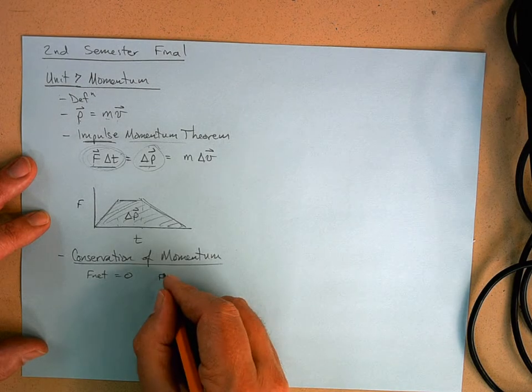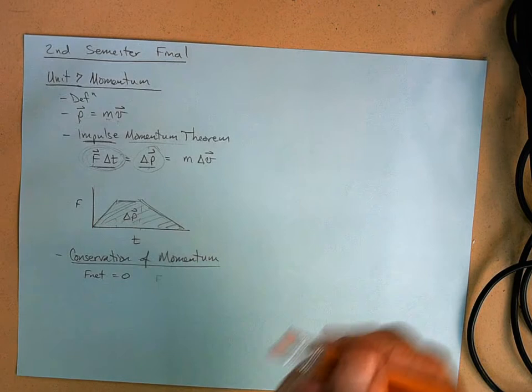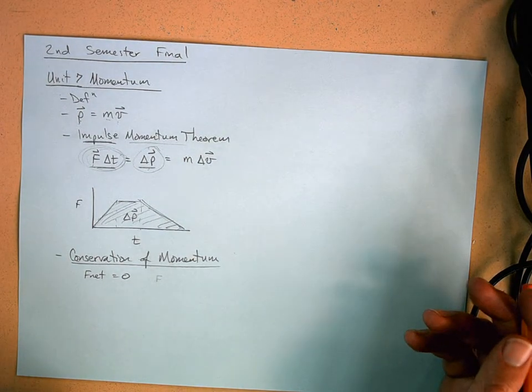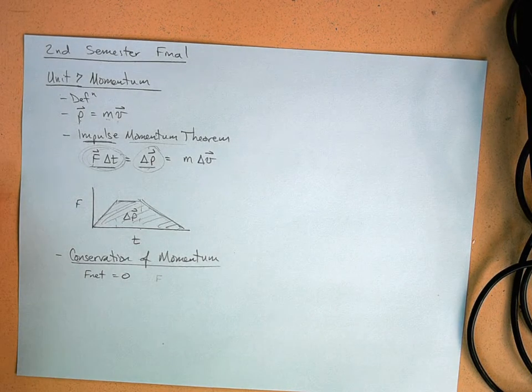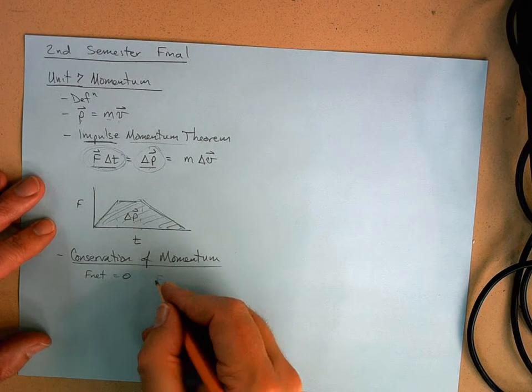If an object is in equilibrium, its momentum is not going to change. Or if a system of objects are in equilibrium, or if there's no net force on a system of objects, the momentum is not going to change. Really, this is what Newton said.